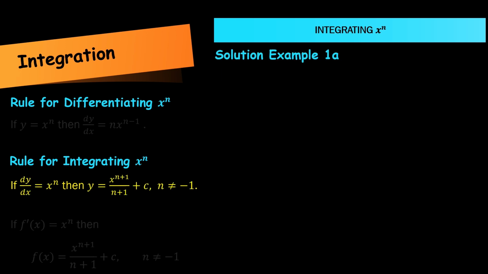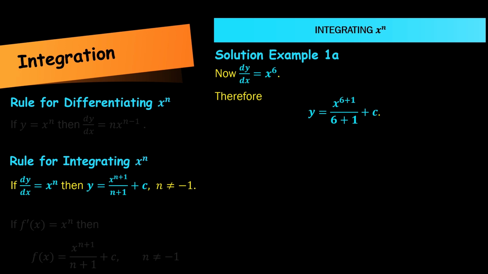So let's solve example 1a first. The rule which we will be using has been highlighted. Since dy/dx equals x to the power 6, when we apply this rule, we add 1 to the power and then divide by that new power.